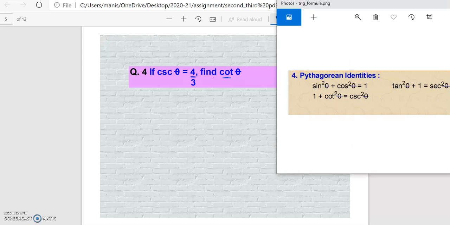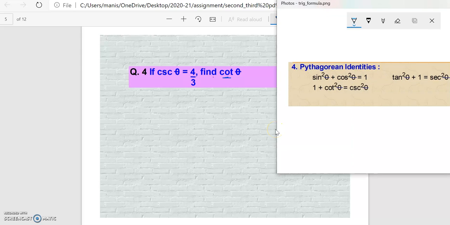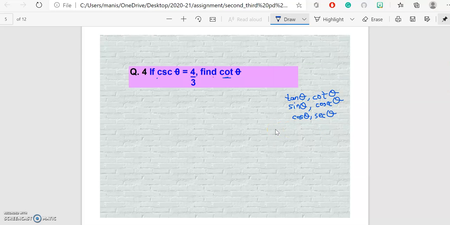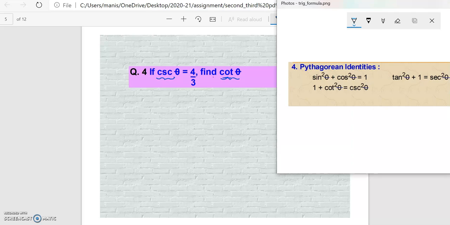We need another formula. Let me pull this one. Do you see these two terms in any of these formulas? Yes, I see in this one: 1 plus cotangent square theta is equal to cosecant square theta. So I will use this trigonometric identity.